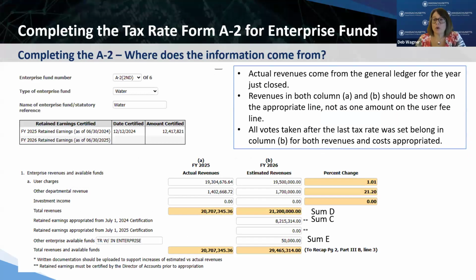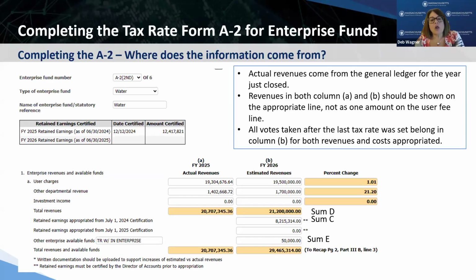So here we are, we're at Form A2. And the first section we're going to look at for completing the Form A2 is the revenue section. And so the user charges and other departmental revenue lines total the $21,200,000 that you saw from water revenues that they voted in the council vote.